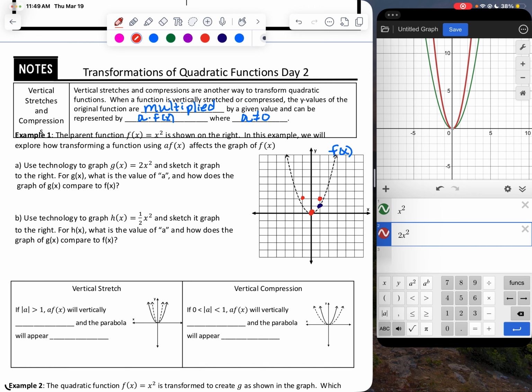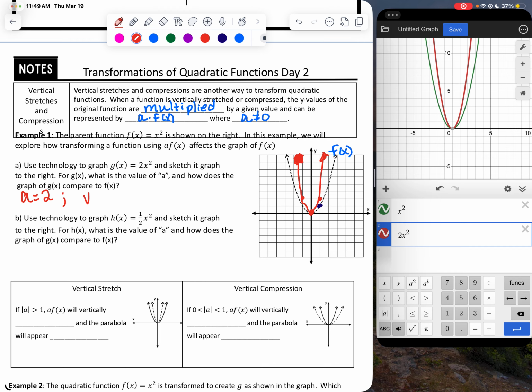Here, our graph becomes more narrow when we multiply the y values. So it says for g of x, what is the value of a? The value of a in this problem is equal to 2. And how does the graph compare?